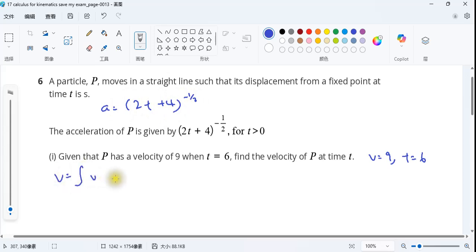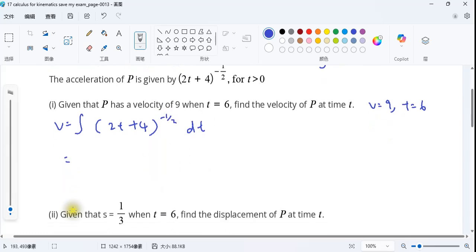So V is integrate A dt. So it's integrate 2t plus 4 to the power negative half dt. Then it is 2t plus 4 to the half, and then power half divided by half times 2 plus c.